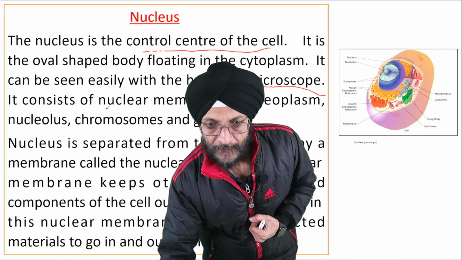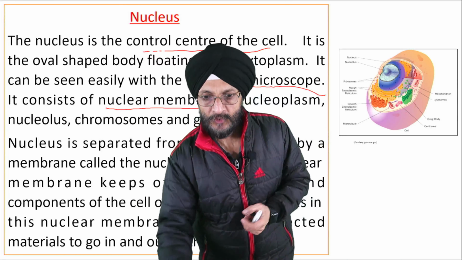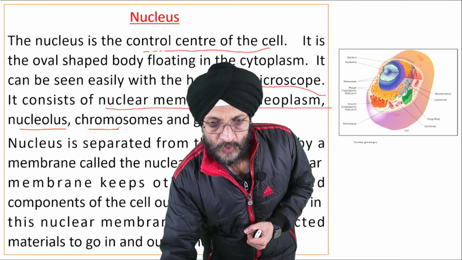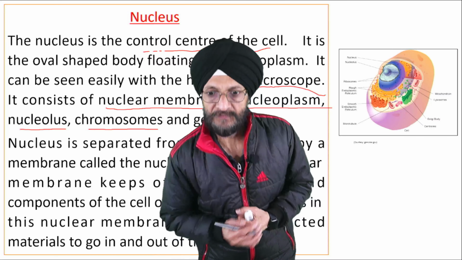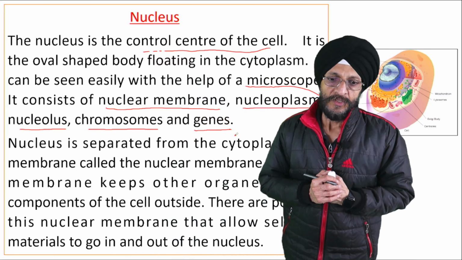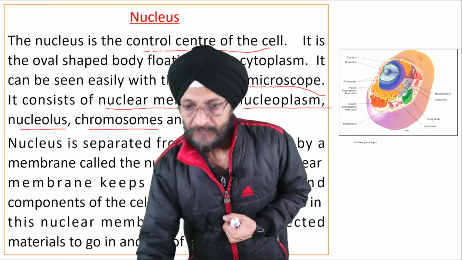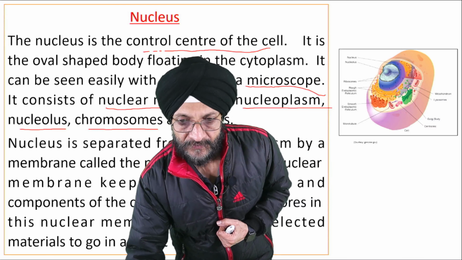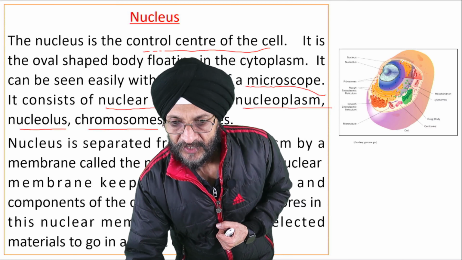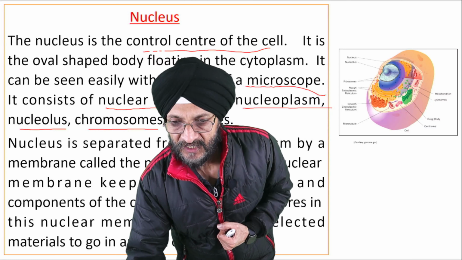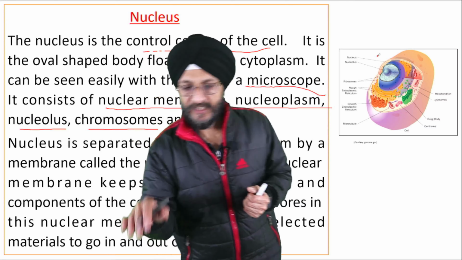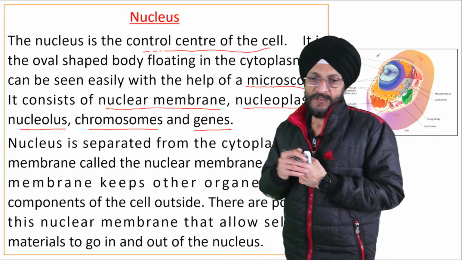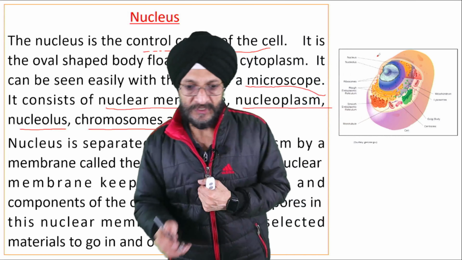The nucleus consists of the nuclear membrane, that is the outer covering, nucleoplasm, nucleolus, and chromosomes. The nucleus is separated from the cytoplasm by a membrane called the nuclear membrane. It means that there is an outer covering outside the nucleus which separates the nucleus from the cytoplasm.